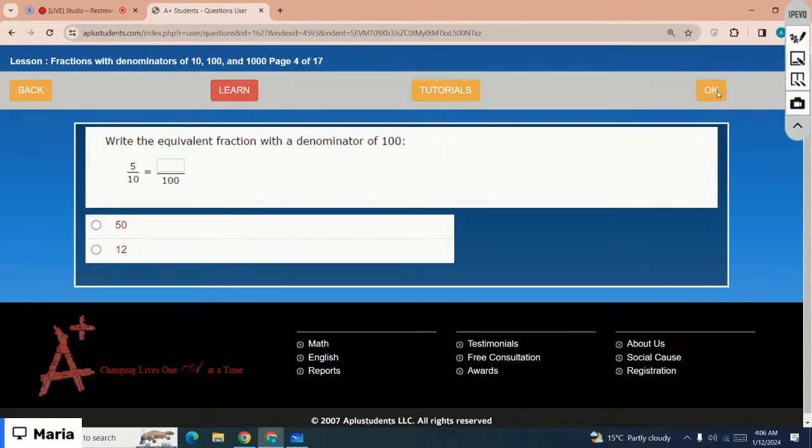Write the equivalent fraction with a denominator of 100, which is the correct option? Very good, the missing number is 50.